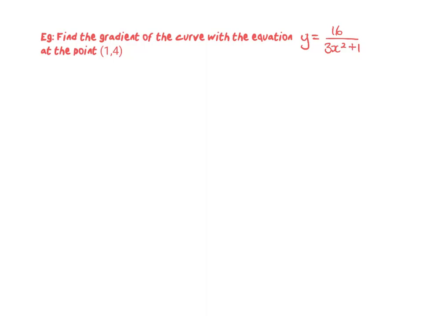So we'll need to use the chain rule to find the gradient formula, and then they want us to find the actual gradient at that point, when x equals 1. So we need the formula for the gradient, dy/dx, using the chain rule, dy/du times du/dx.